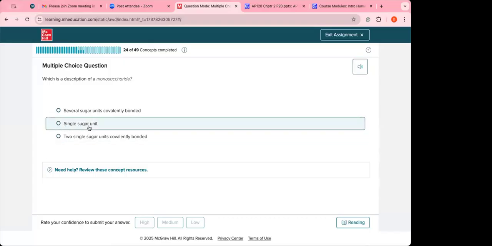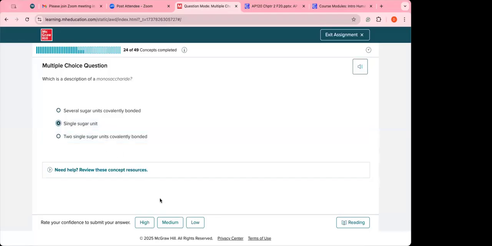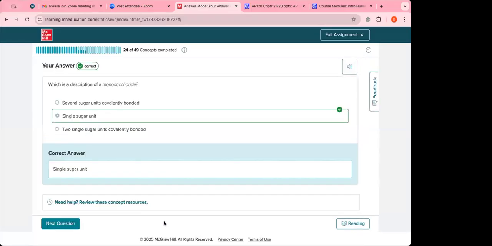Would it be this one? I think so, yes. A single sugar unit. Good.